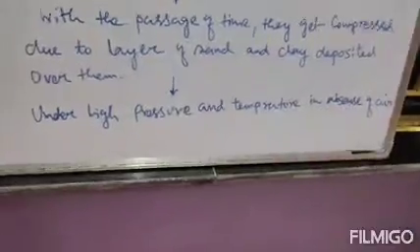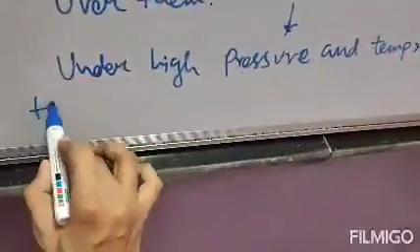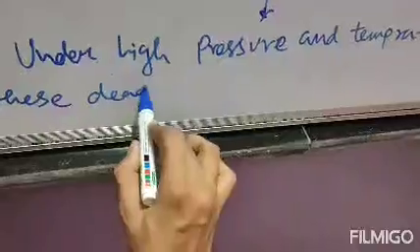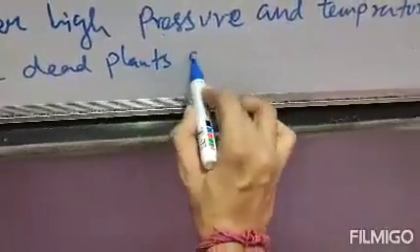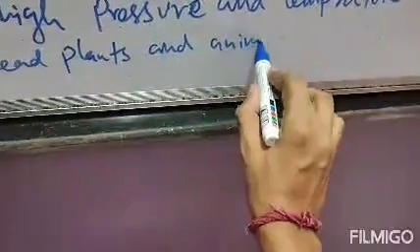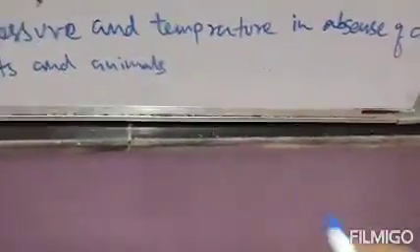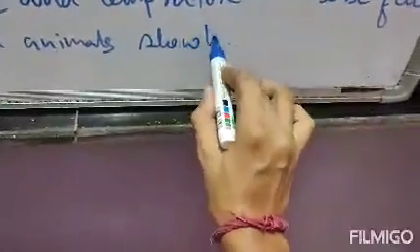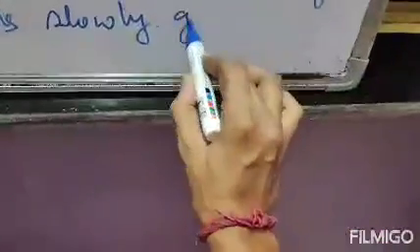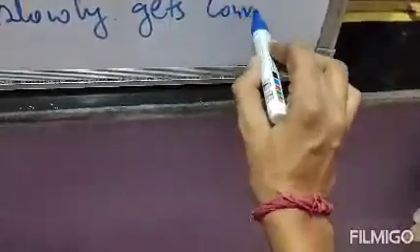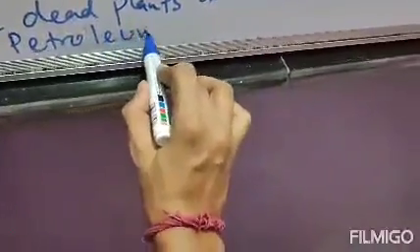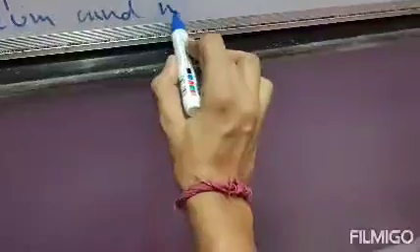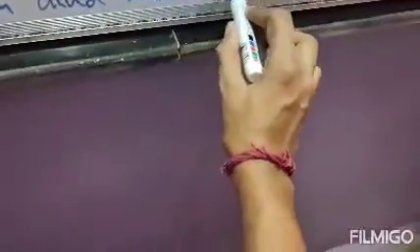Under high pressure and temperature, in absence of air, these dead plants and animals slowly get converted to petroleum and natural gas.